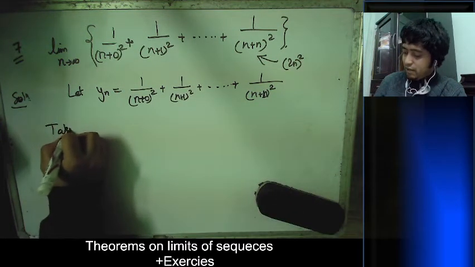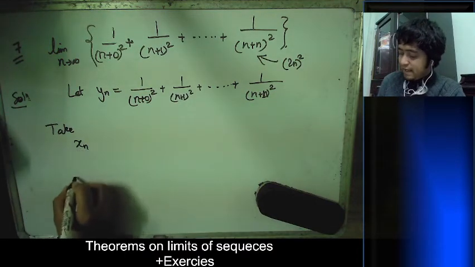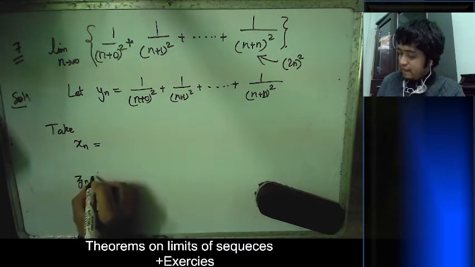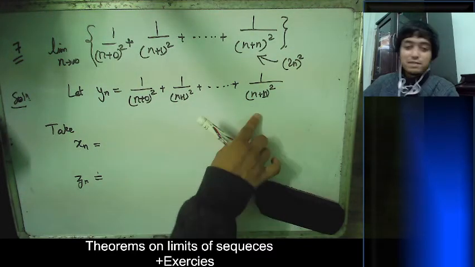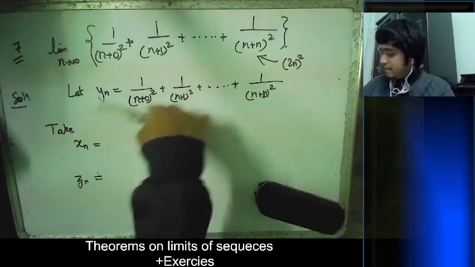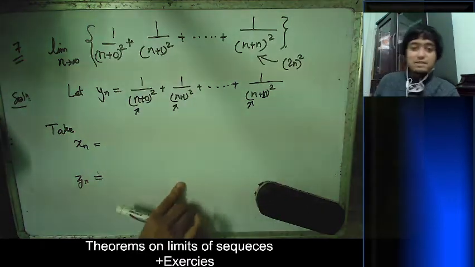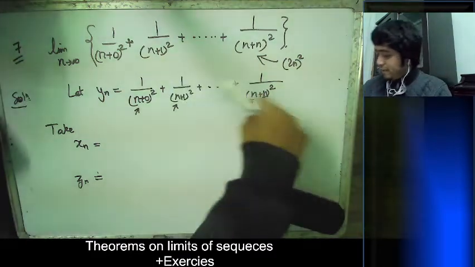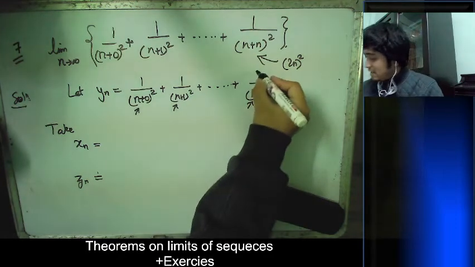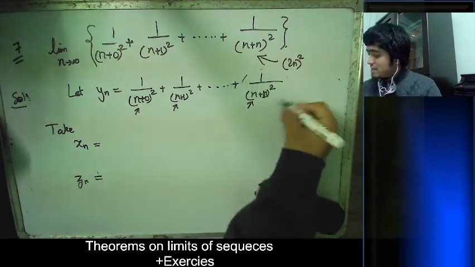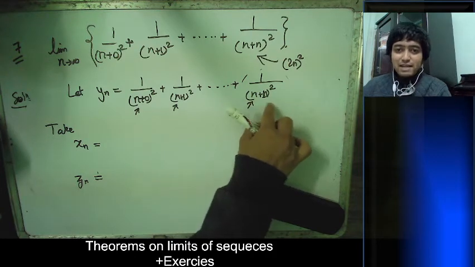So we need to construct our own sequences xn and zn. xn should be smaller than this. Now, which of these terms is the smallest from all of them? You can easily tell that this one is the smallest because n is very huge in the denominator, which is n plus n.